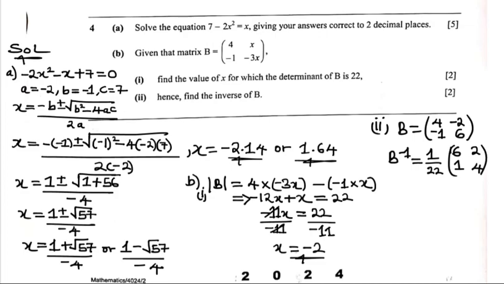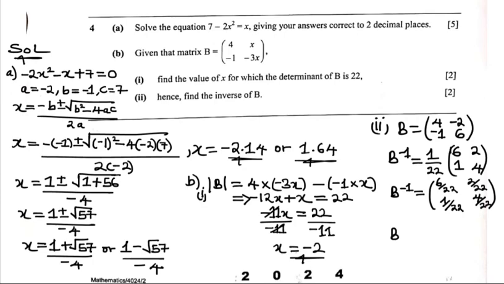So that is making up B inverse. B inverse can be simplified as follows. 1 over 22 can multiply with all the entries. This will give us 6 over 22, 2 over 22. Then we have 1 over 22 times 1, that will give us 1 over 22. Then 4 times 1 over 22 gives 4 over 22. We can further write B inverse as follows.